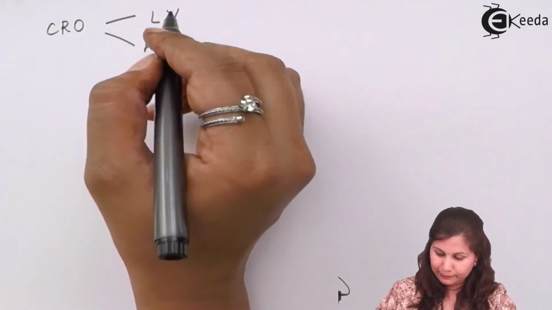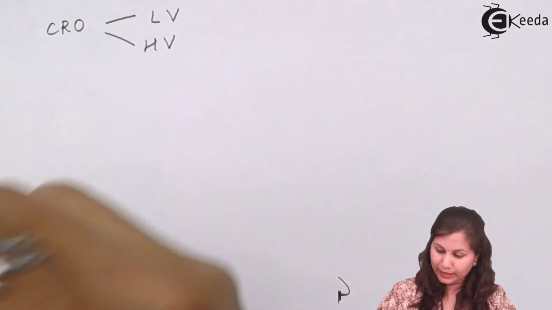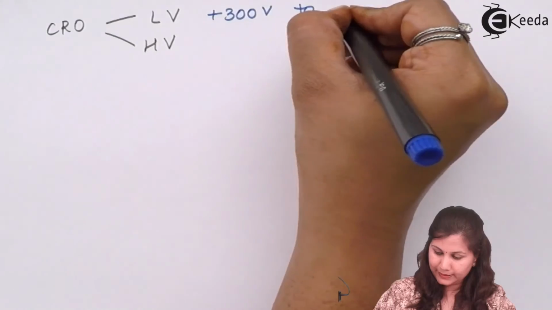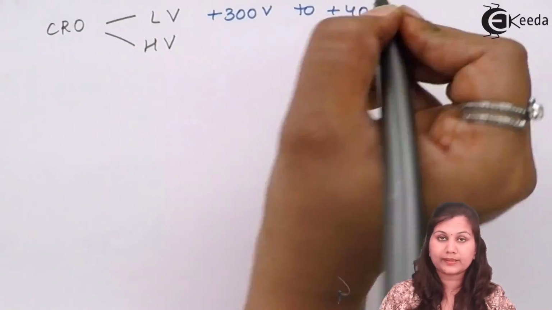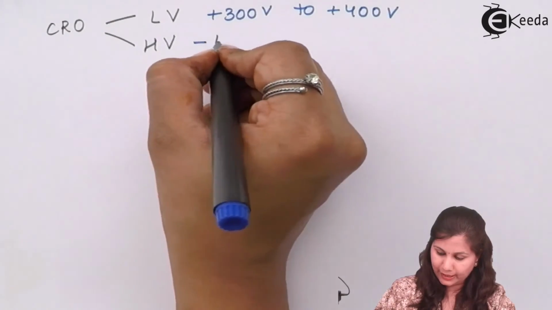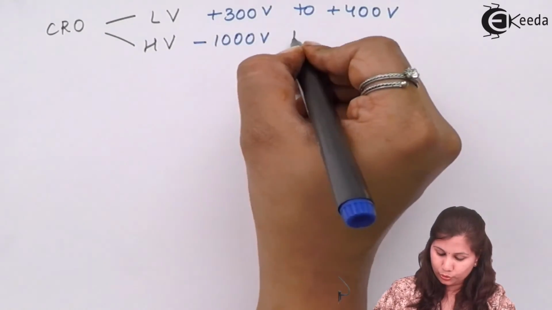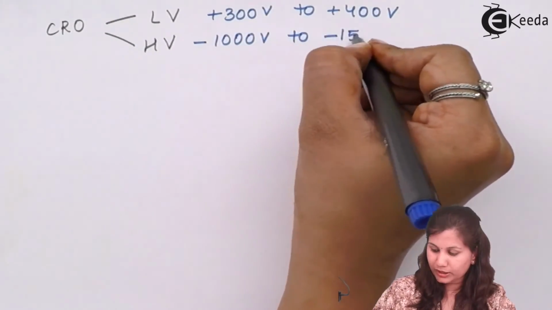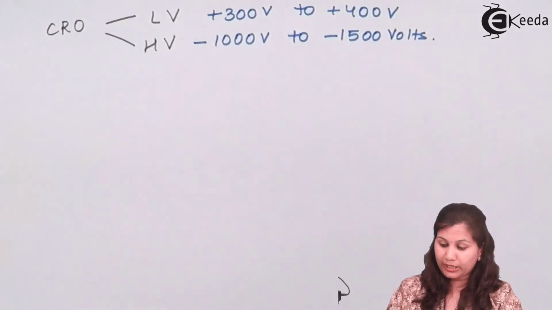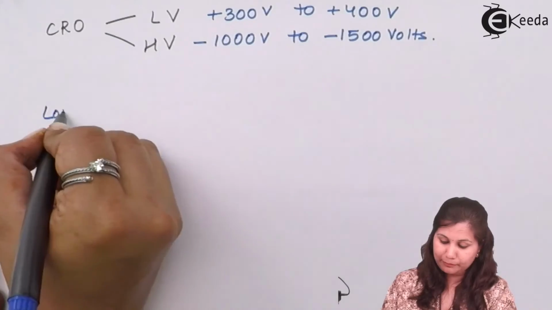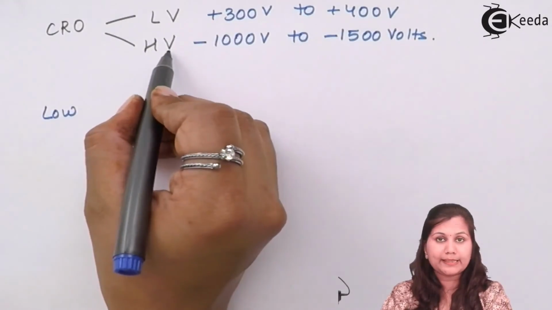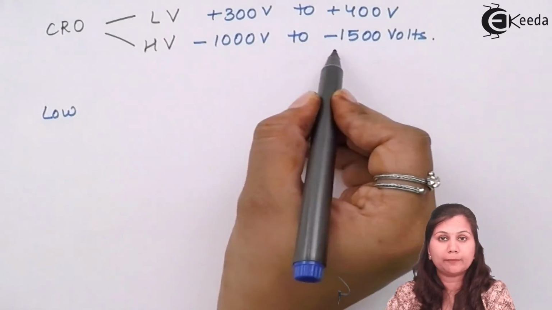The low voltage supply is a supply of plus 300 volts to plus 400 volts. Whereas the high voltage supply is from minus 1000 volts to minus 1500 volts. So you can see that the low voltage supply is a positive supply, whereas the high voltage supply is a negative supply.